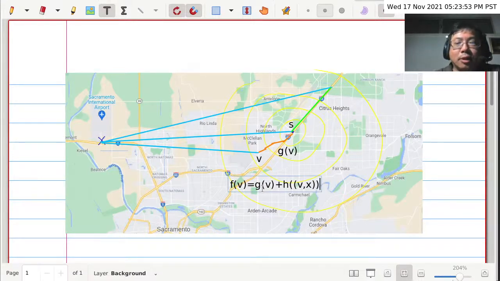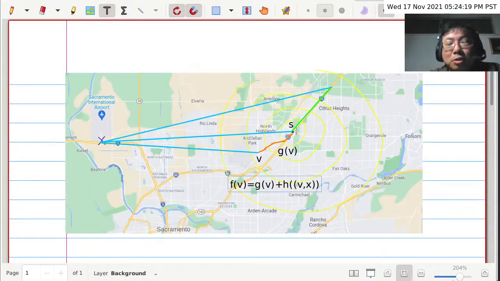So Jonathan is absolutely correct because the starting point is 0 distance away from itself. So that means g of s is going to be 0 because g of s is trying to figure out how far we are from the start vertex. So the question is now saying, how far is the start vertex from the start vertex itself? So it kind of makes sense that that's just going to be 0.